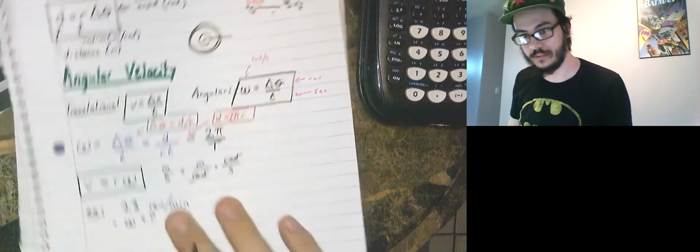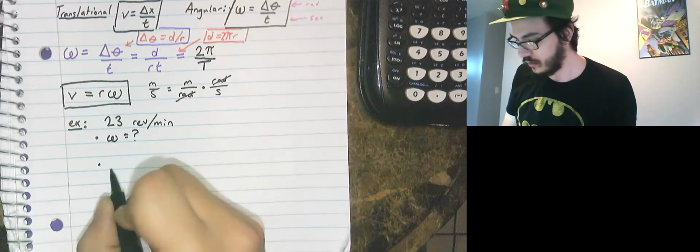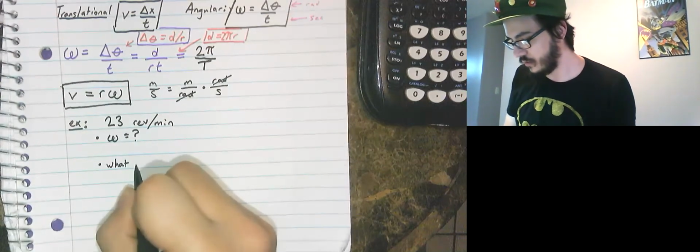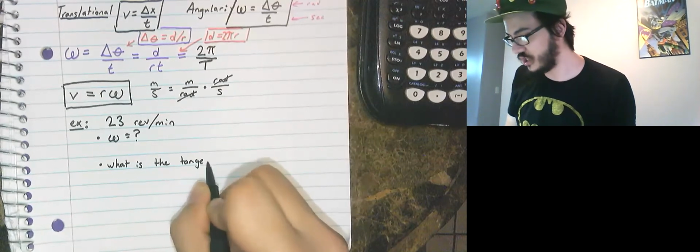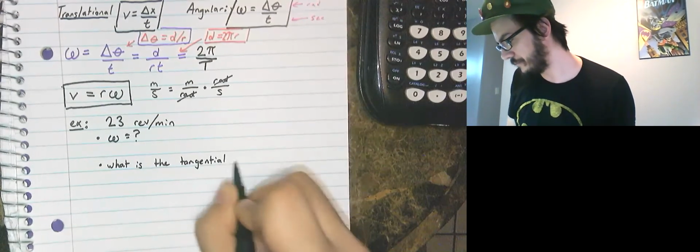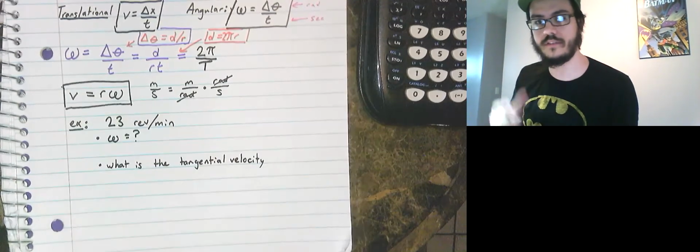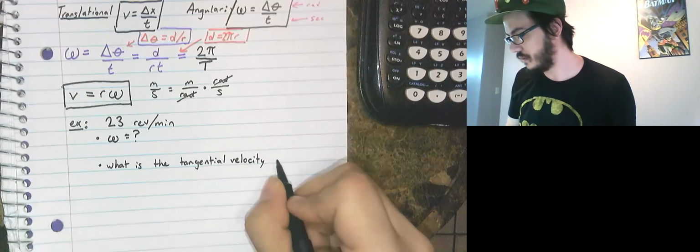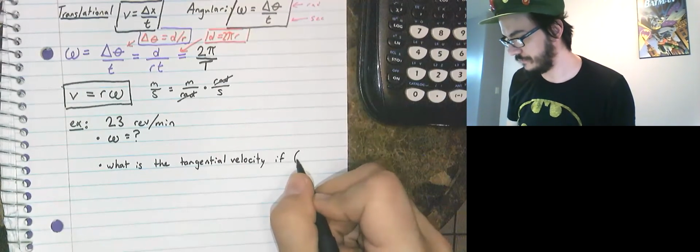I'll leave that as an exercise for the viewer for now. Question 2. What is the tangential velocity? Of course, in order to know that, we would need a radius, so let's make one up. 5 meters.